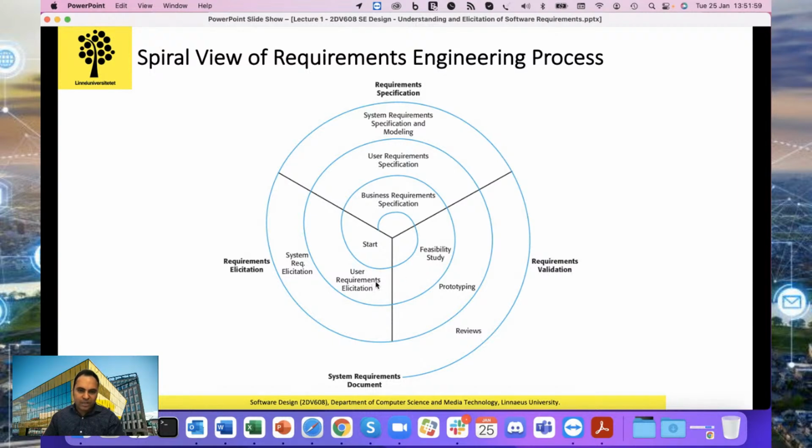So now we are in the requirements elicitation phase again, where we are eliciting user requirements. Here users are basically end users or even other stakeholders. And once we elicit the user requirements, we go to the next phase. So we specify them more formally. And once we specify them, we need to validate them, right?